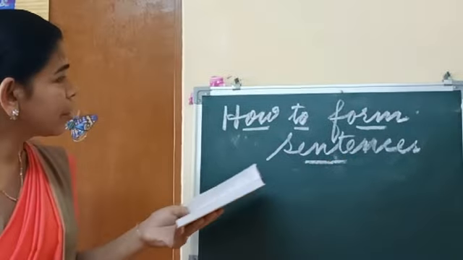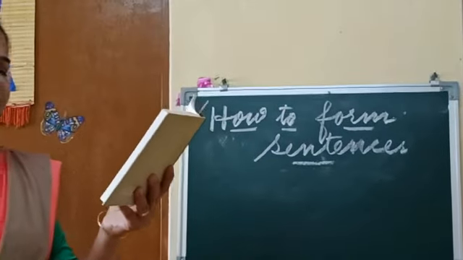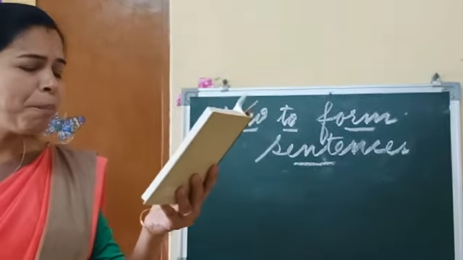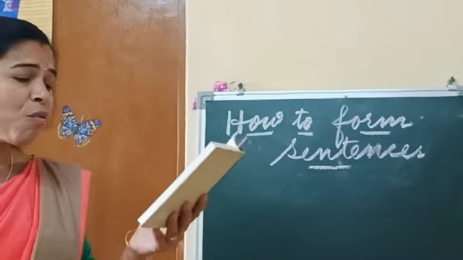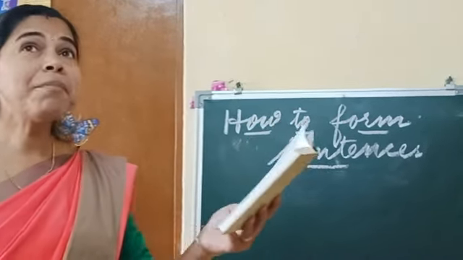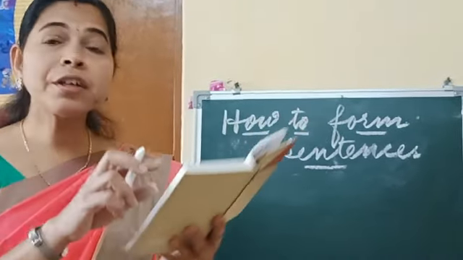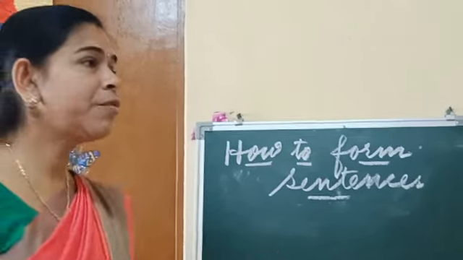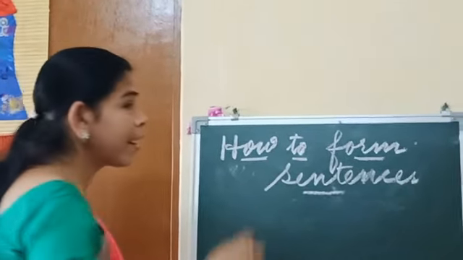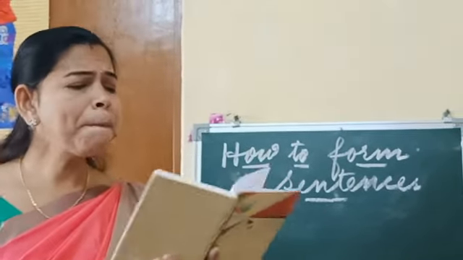Now let us deal with how to form sentences. What is a sentence? It's a group of words. A sentence is a group of words. Simply putting so many words together will not make any sense. We know so many words and if we put words here and there, it will not give any sense or any meaning.